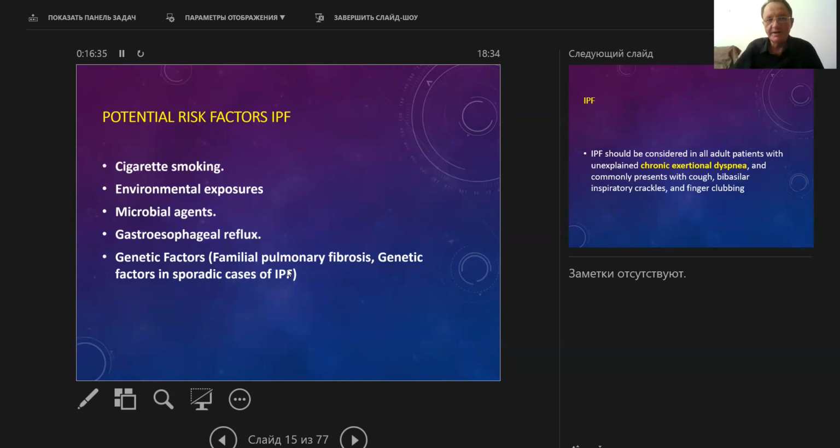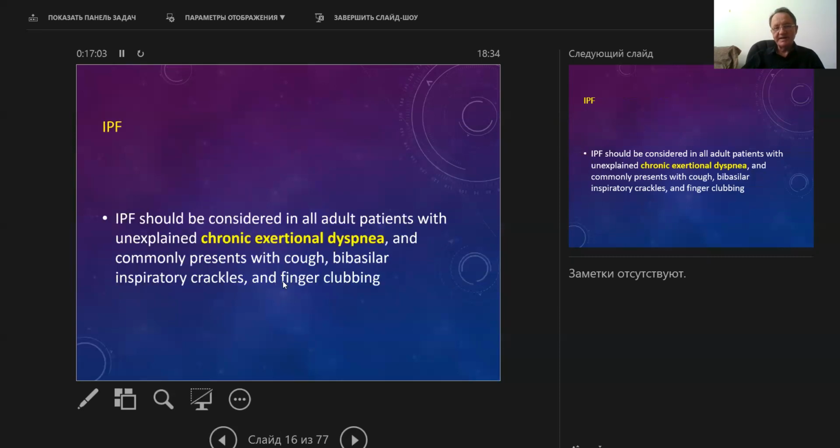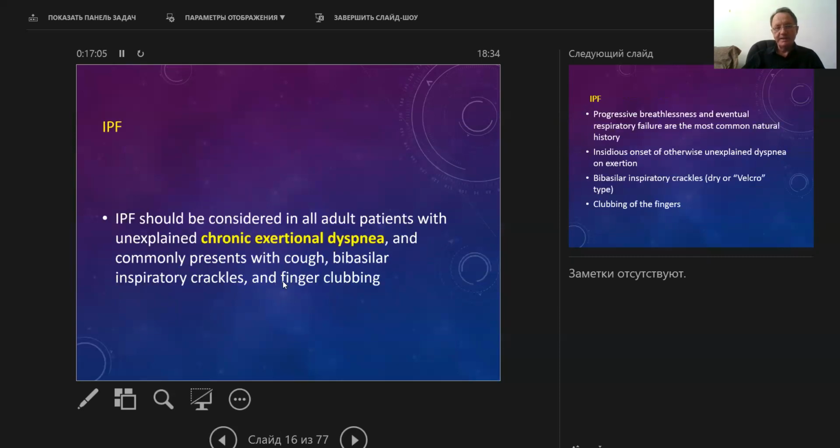So you should imagine the patient with IPF: mostly men, more than 50 years old, a smoker or ex-smoker, who has such clinical signs as unexplained chronic exertional dyspnea.